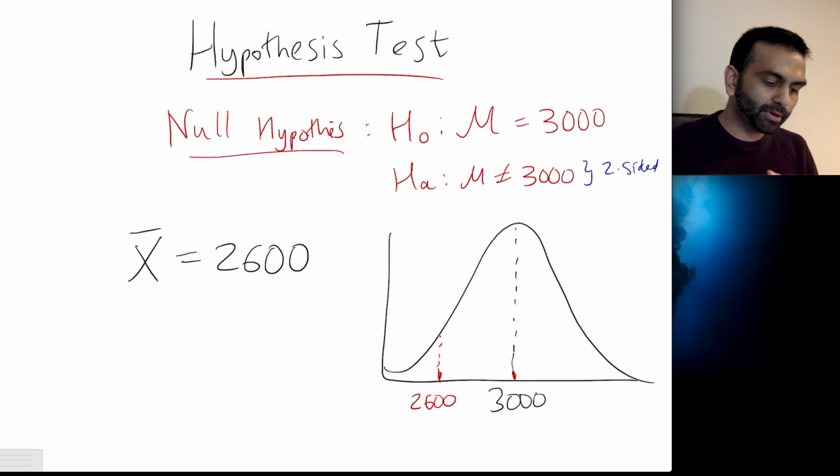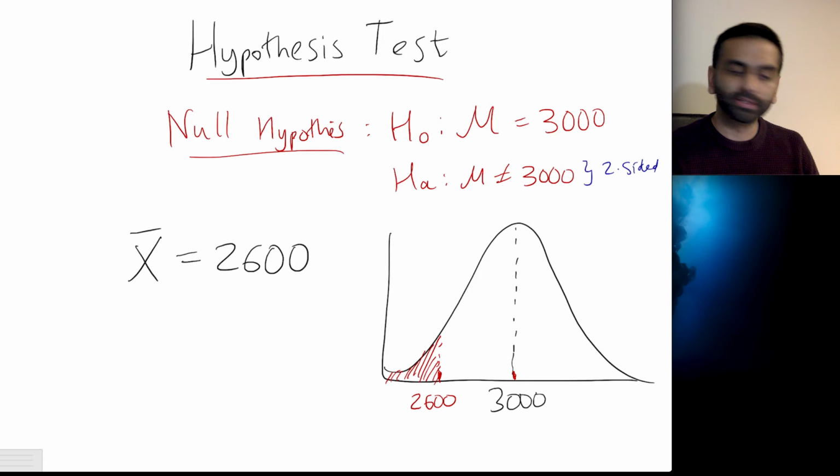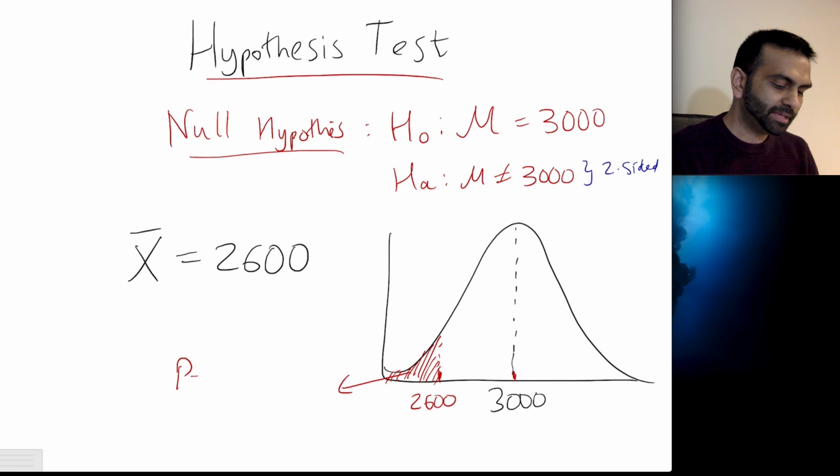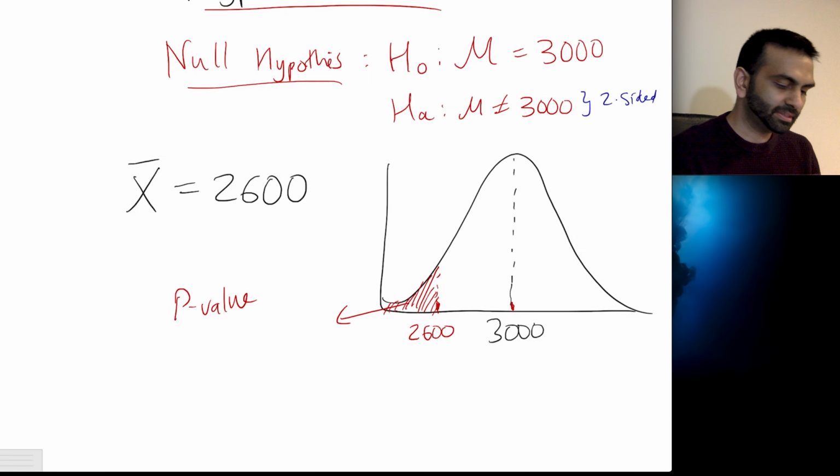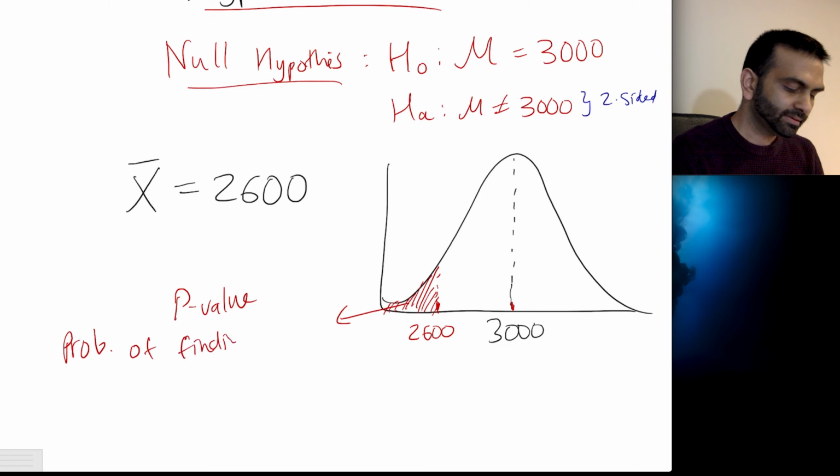And that probability of finding a sample as far or further from your guess is called the p-value. So the p-value, the definition, is literally just the probability of finding a sample as or more extreme as ours.